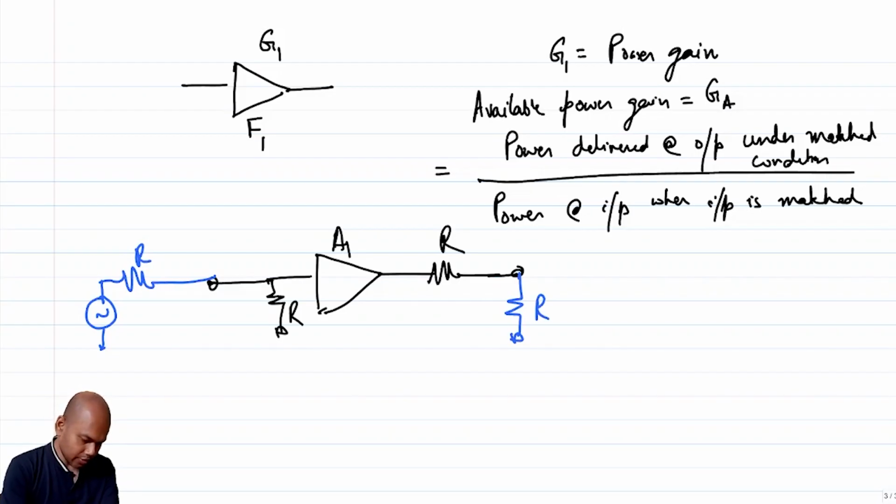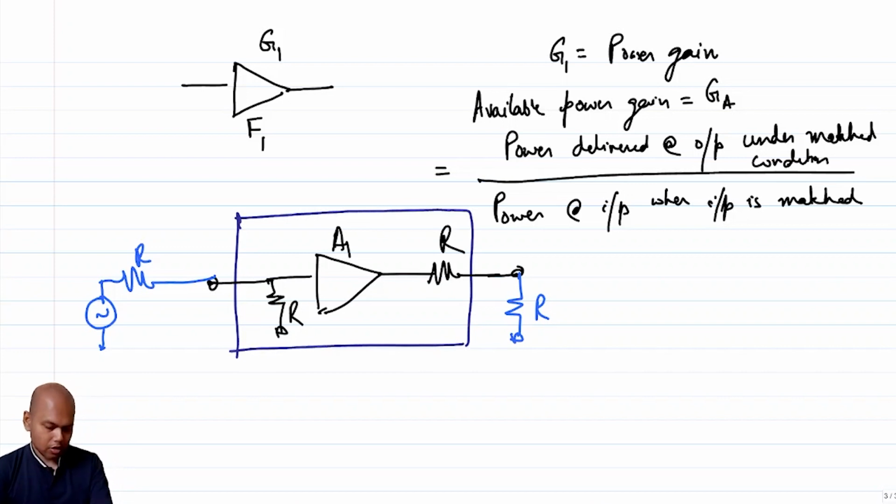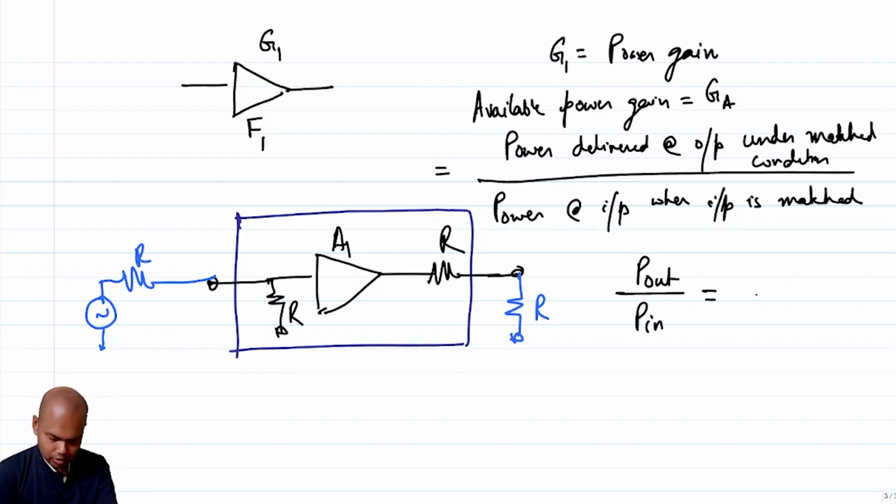Under this situation, whatever power gain I get is basically the available power gain, right? So under this condition, your P out over P in is GA.